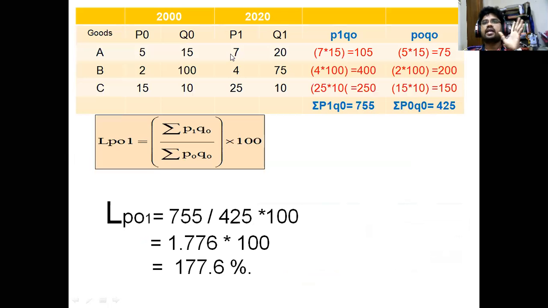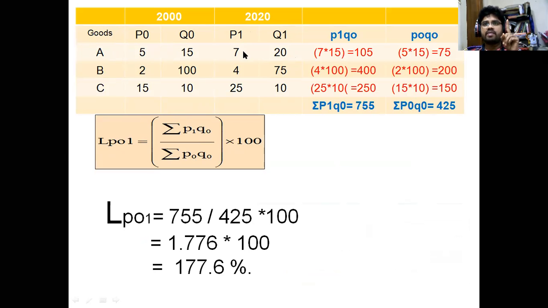Then how can we calculate? You can write it like this as per whatever is mentioned in the question. Keep in mind your formula: the Laspeyer formula LP01 is the sum of P1 into Q0 over the sum of P0 into Q0, into 100. So what is P1?